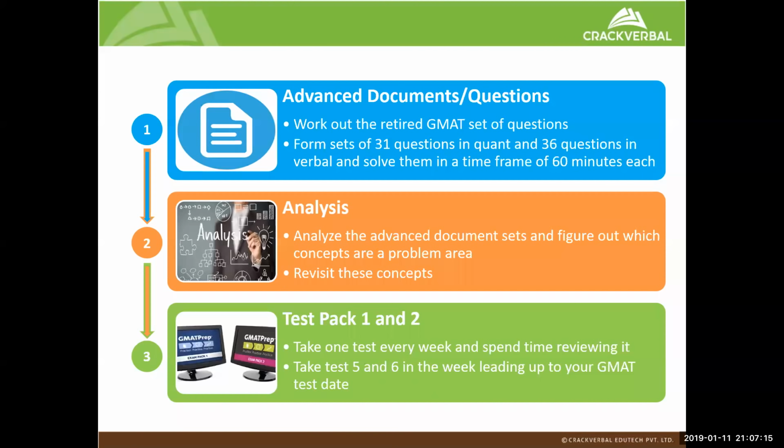So what do the advanced documents entail? They contain the retired GMAT questions and current GMAT questions. Now, when I say current GMAT, it does not mean the ones in the GMAT that you're going to take. The retired GMAT questions are questions retired almost 5 to 6 to 7 years back, right? And the current GMAT questions are the questions from the 2 free practice tests, that is test prep 1 and test prep 2.